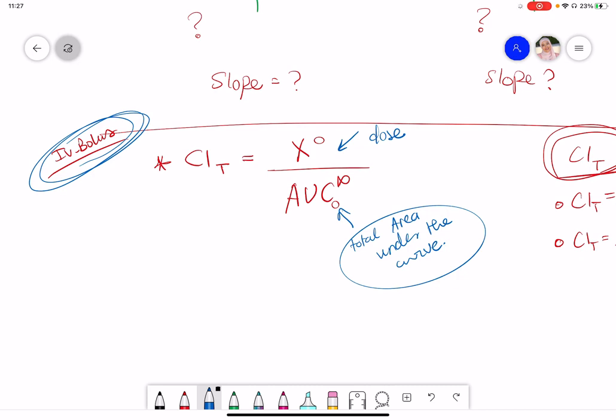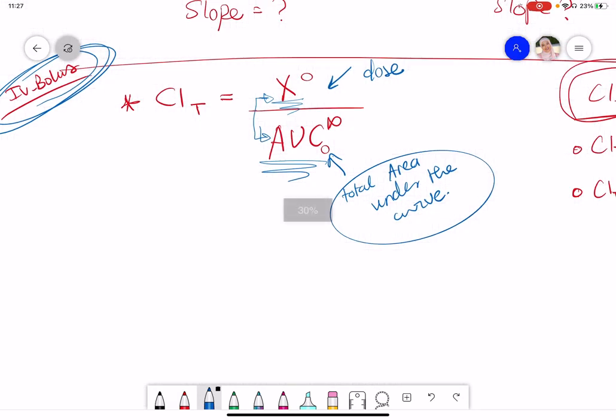It's another way to determine clearance if you know those terms. We will talk about how to determine total area under the curve, but for now, just know that we can determine total clearance by knowing the dose and the total area under the curve.